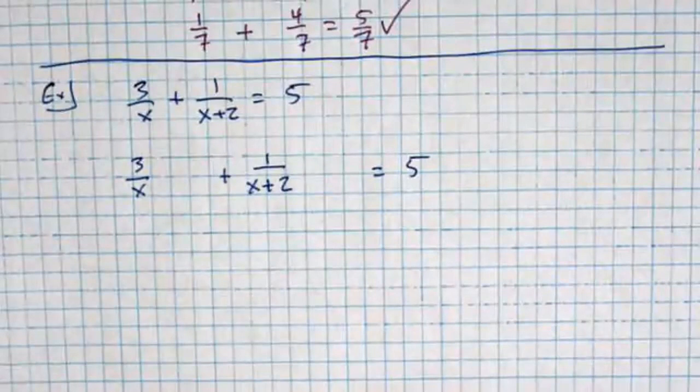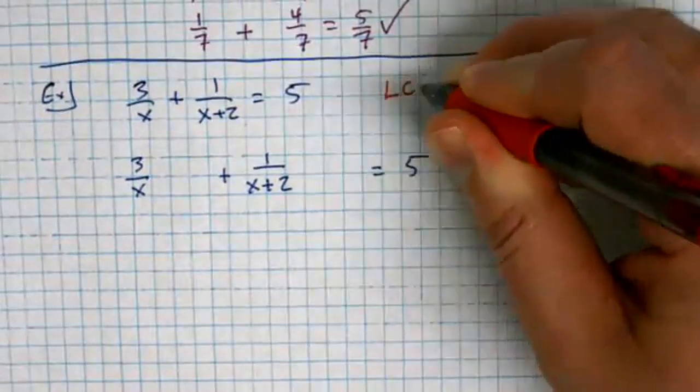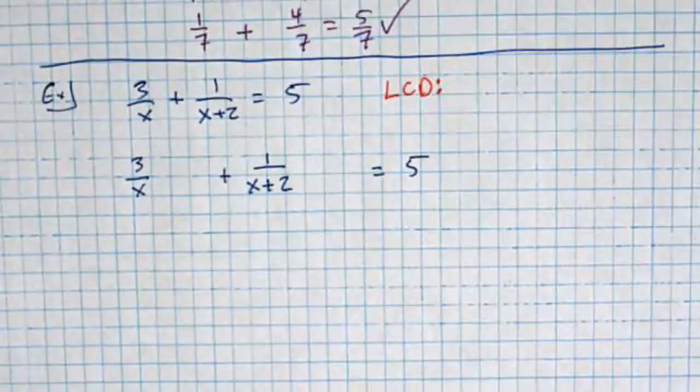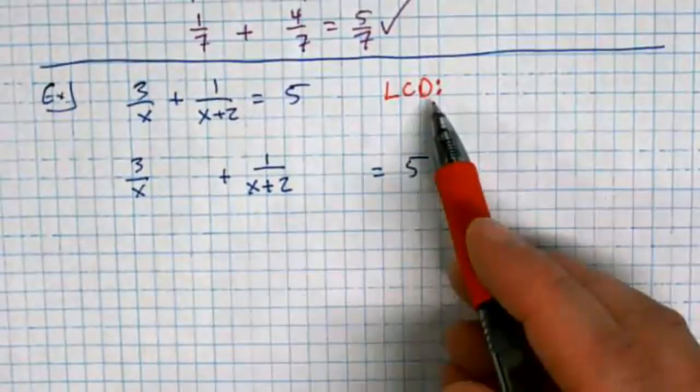So doing this problem is going to involve us finding the least common denominator for the original equation. So when I'm finding a least common denominator, I want to look at the factors that I see in the original equation and make sure that those all appear in my lowest common denominator.